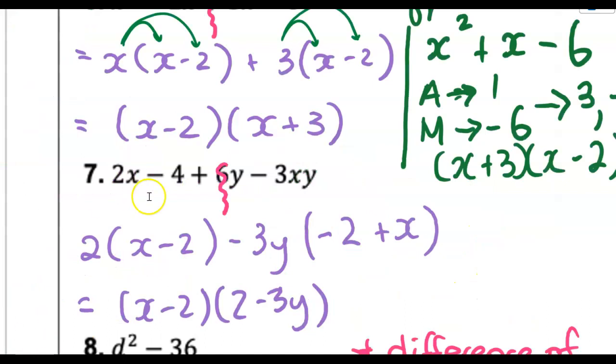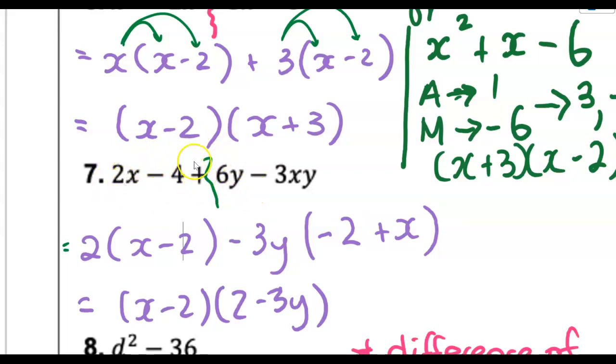Okay, looking at 7. We can't do that the way we did up above because there's no like terms that we can add together. So we're looking at factorising in pairs, and then hoping when we factorise in pairs, we'll end up with things in the brackets that are the same. So if we have a look at our first two here, 2x and minus 4, I might put a little squiggly line up in the middle. So we're looking at the stuff on the left and the stuff on the right.